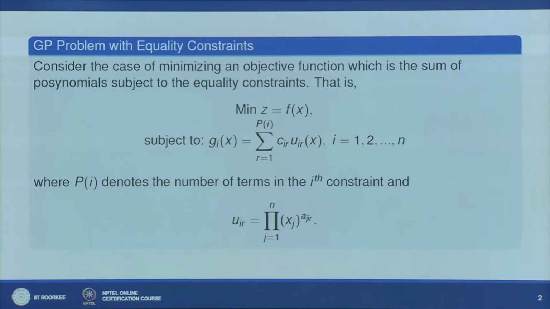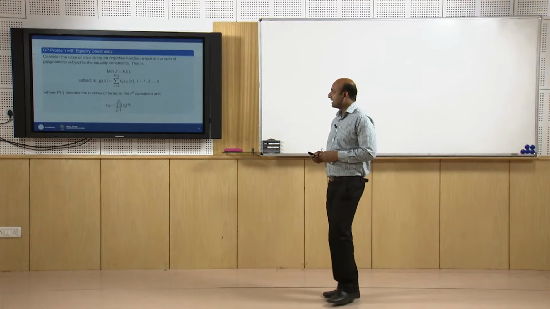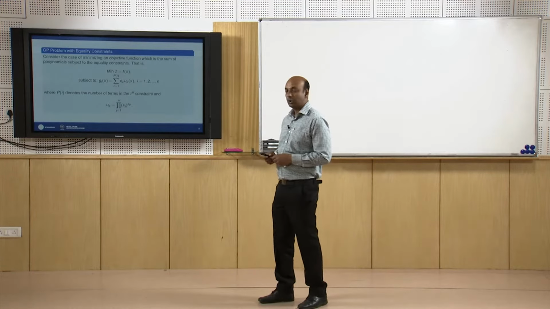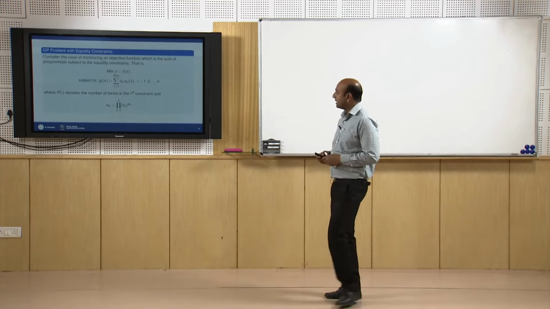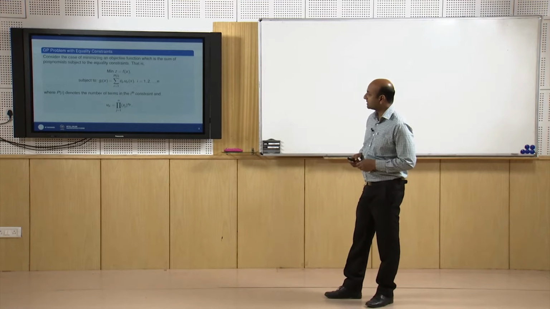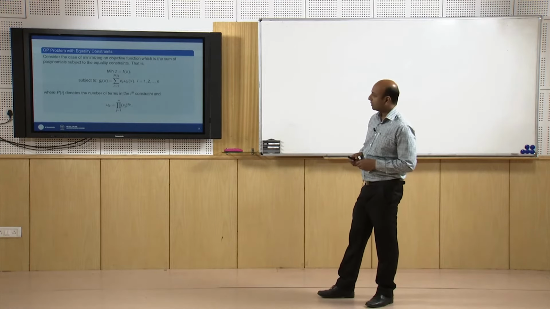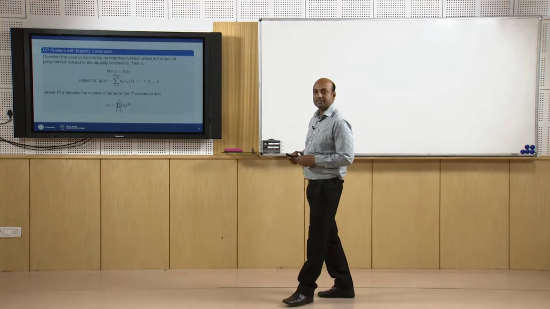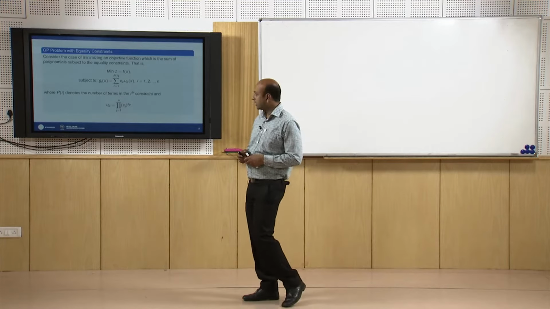That is, minimization of f(x) subject to g_i(x) equals summation r running from 1 to p_i of c_ir u_ir(x), i running from 1 to n, where p_i denotes the number of terms in the ith constraint, and u_ir is the same as the polynomial term.